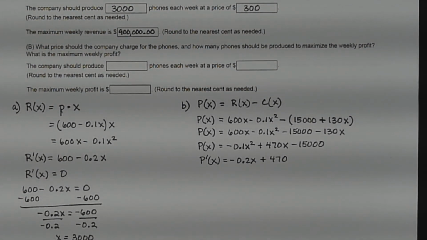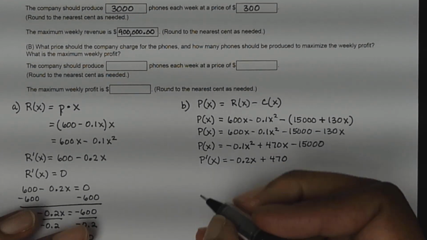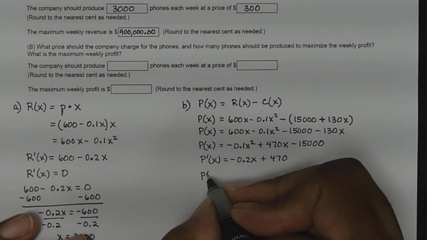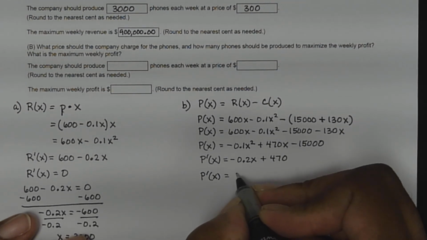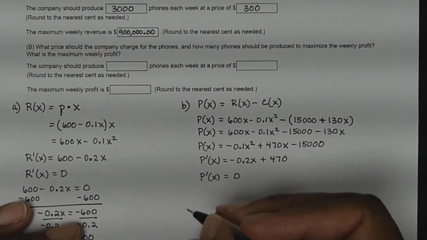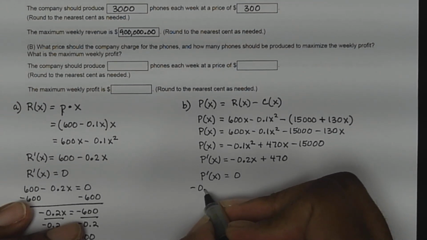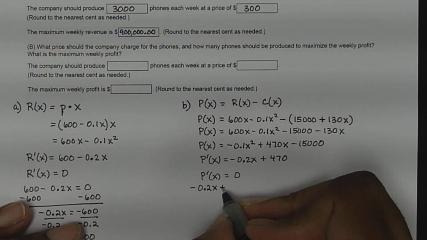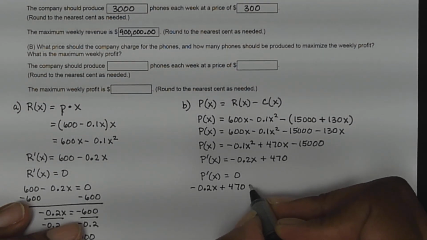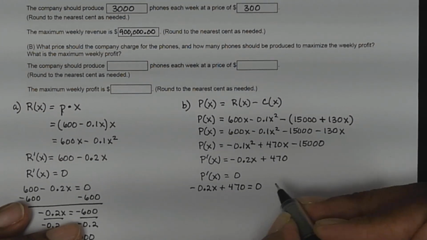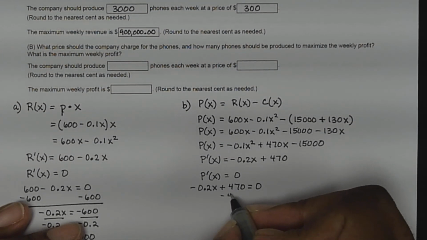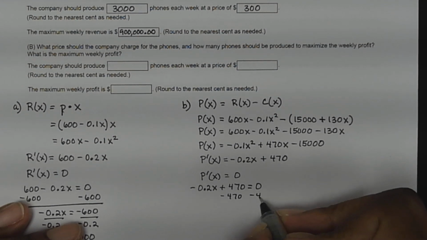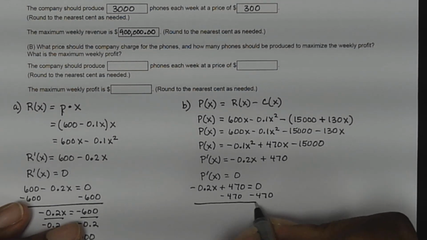So to find our critical number, we're going to set P prime of x equal to 0. So P prime of x equals 0, which is going to be negative 0.2x plus 470 equal to 0. To solve for x, we first subtract 470 on both sides.